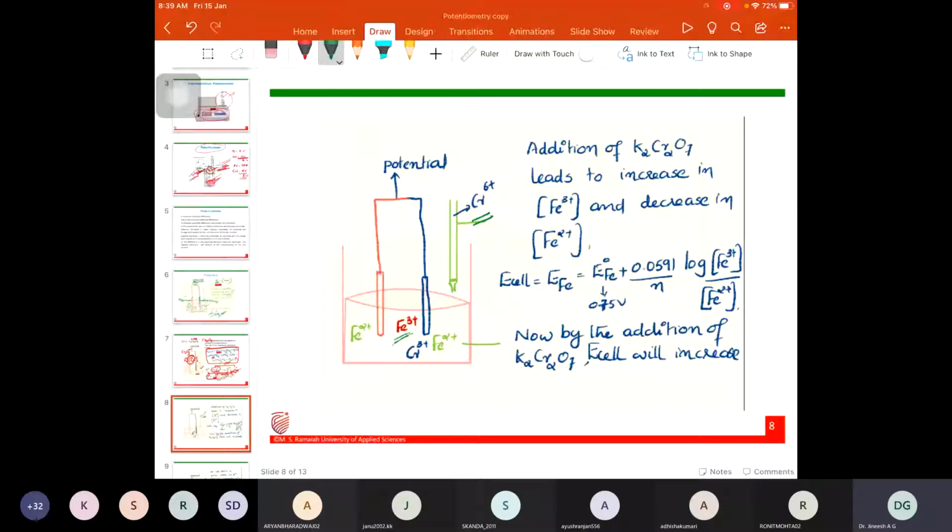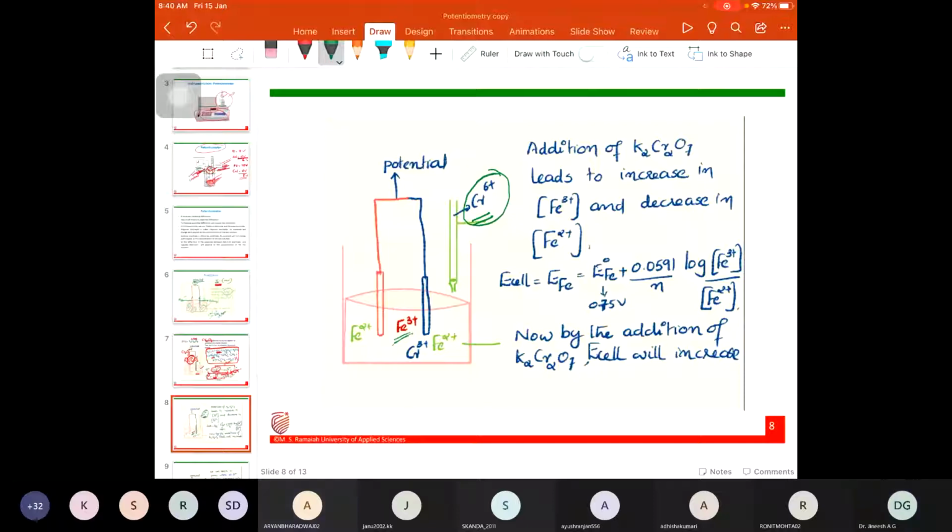Inside the burette, chromium is having an oxidation state of +6 as per our previous equation. We discussed that in potassium dichromate the oxidation state of chromium is +6, right?